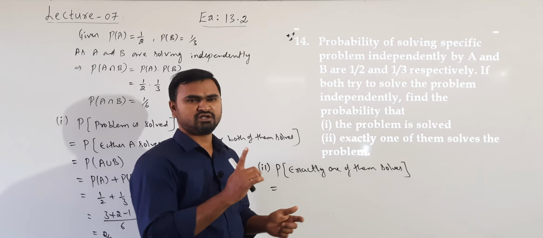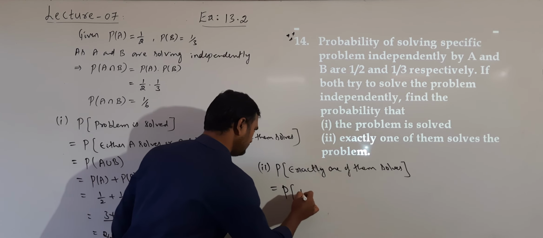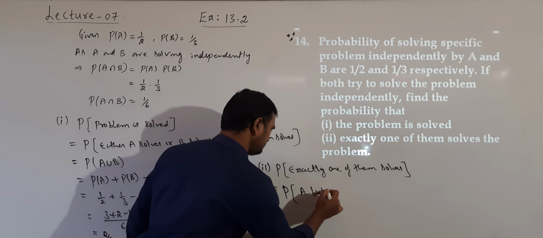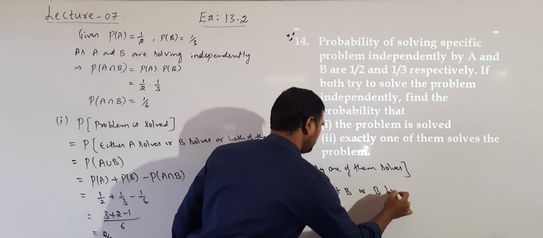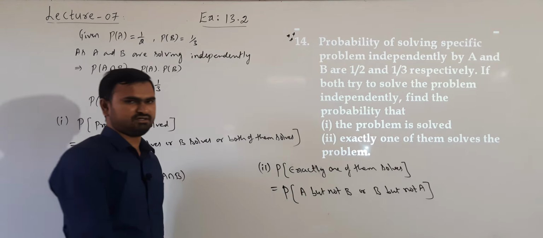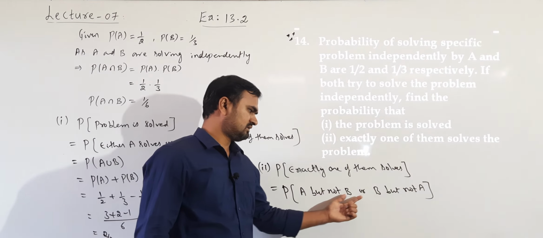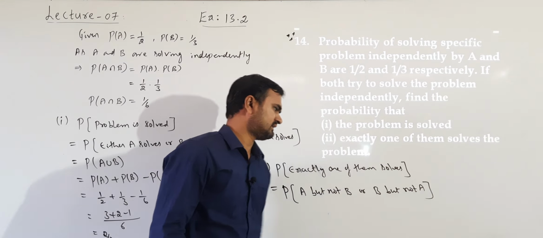Exactly one, so only one of them should solve. When A solves, B should not solve, or when B solves, A should not solve. So it is the probability of A but not B, or B but not A. Understanding? So two cases: A but not B, or B but not A.